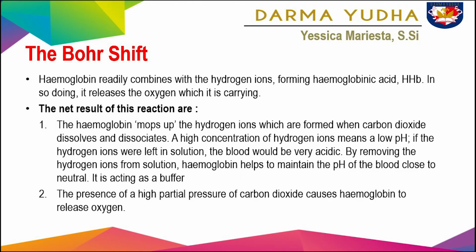A high concentration of hydrogen ions means a low pH. If the hydrogen ions were left in the solution, the blood would be very acidic. By removing the hydrogen ions from solution, hemoglobin helps to maintain the pH of the blood close to neutral. It is acting as a buffer, like I mentioned at the very beginning of the slide.